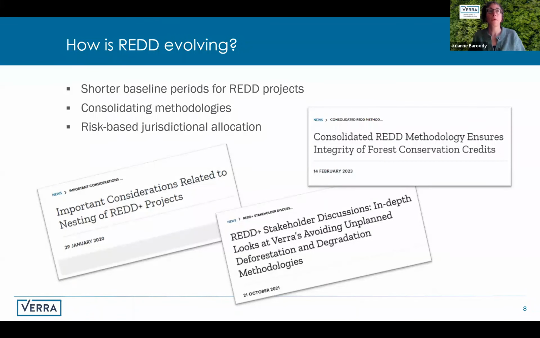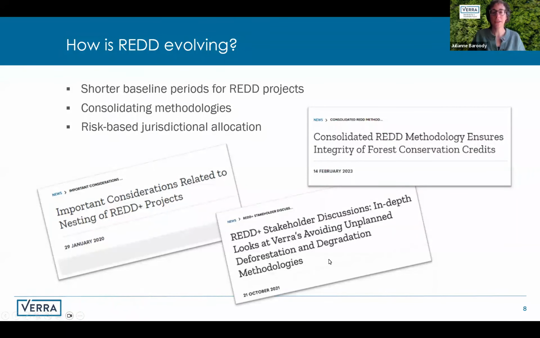We shortened that last year from 10 years to 6 years. We are bringing together all of our 5 different REDD methodologies, which we'll be talking about later on, into this one consolidated methodology. And then we are using risk-based allocation, which we'll talk about a lot more today.